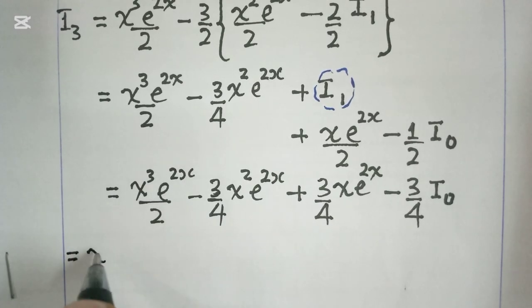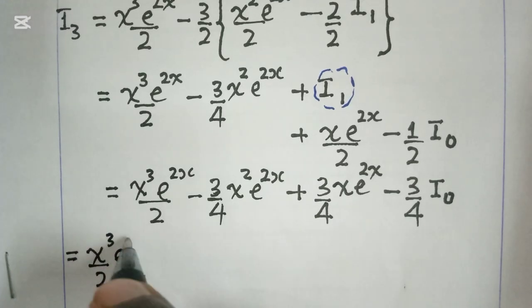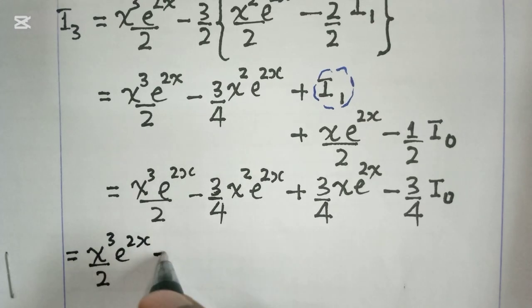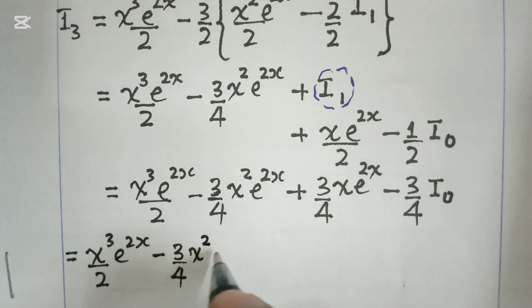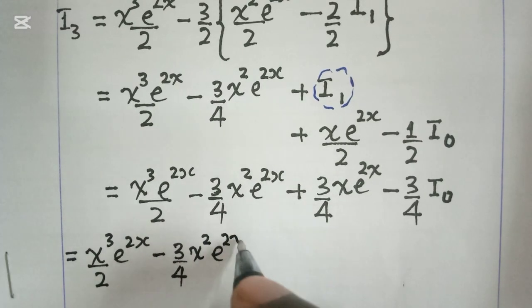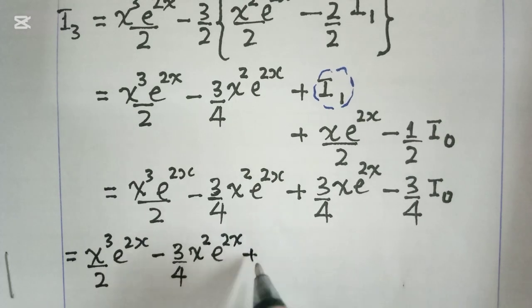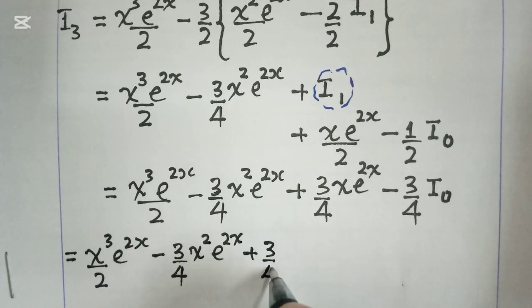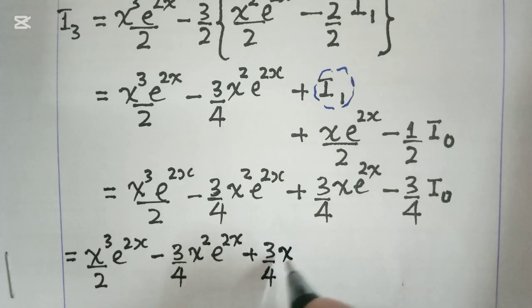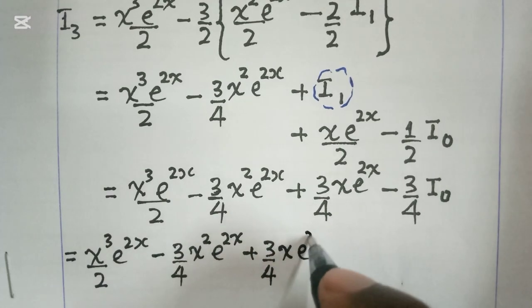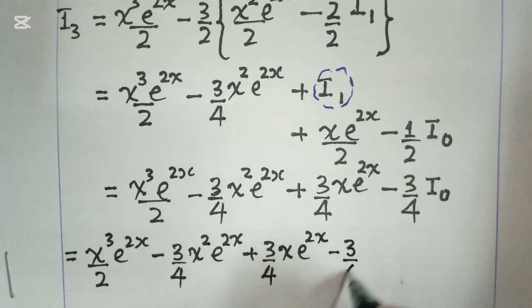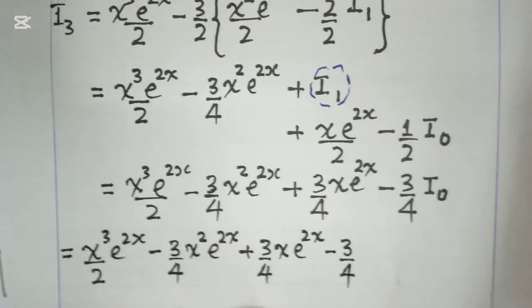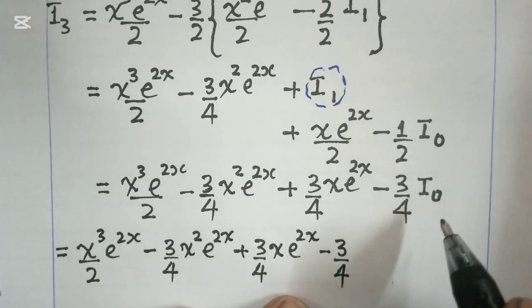So we have x raised to 3 all over 2 e raised to 2x minus 3 over 4 x squared e raised to 2x plus 3/4 x e raised to 2x now minus 3/4, and then now we are going to work out I raised to 0.